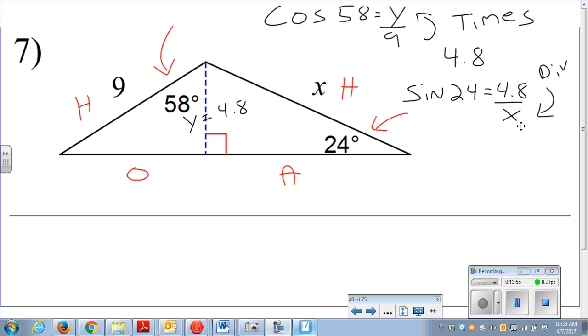Divide, because I have my x in the denominator. And then enter it into the calculator: 11.8. All right, let's take a look at one more multi-step like this one.